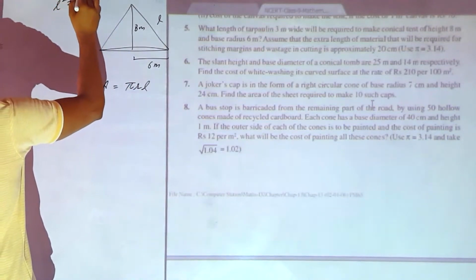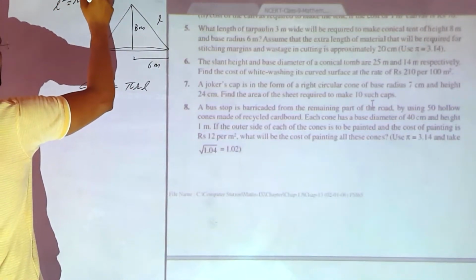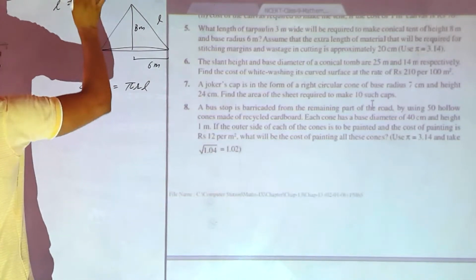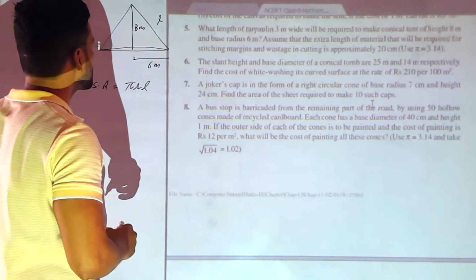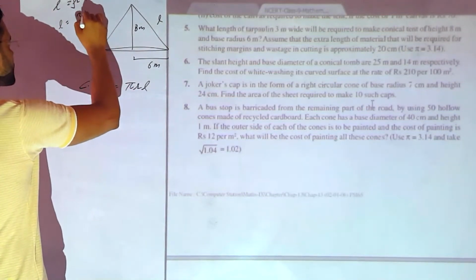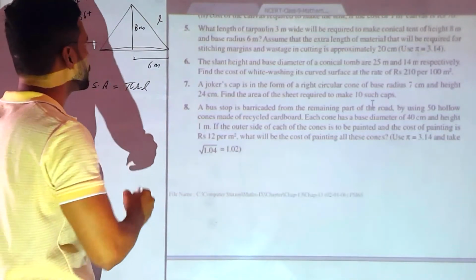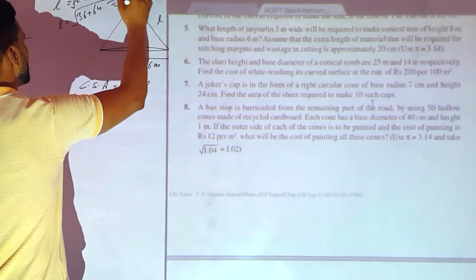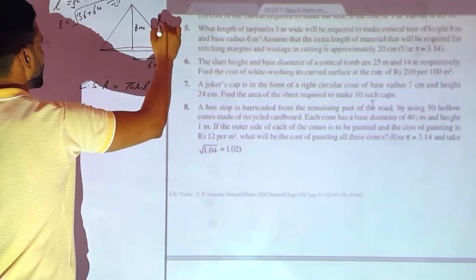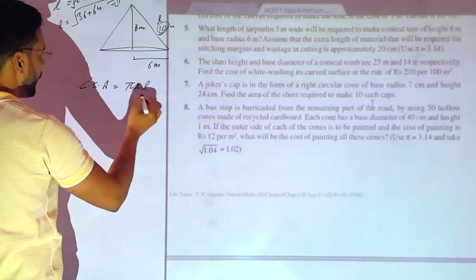L is equal to the square root of r square plus h square. R square is 36, H square 64, overall 100, it means 10 meter. L.